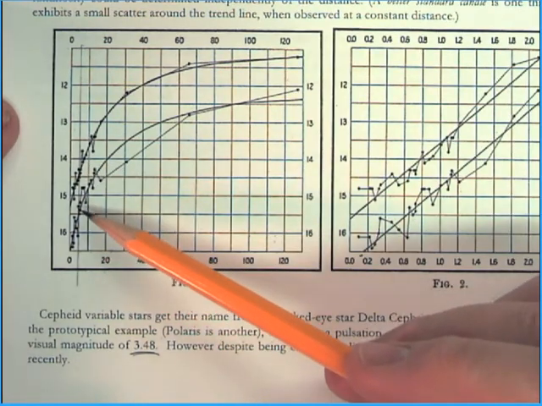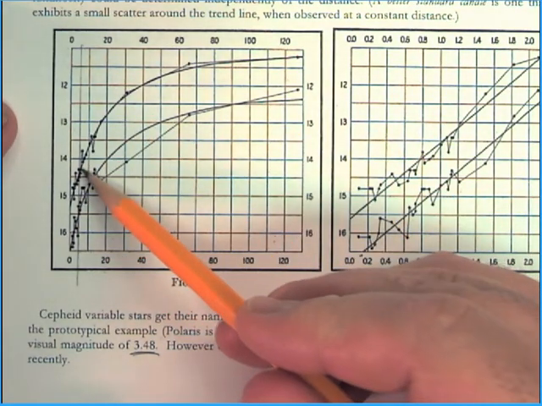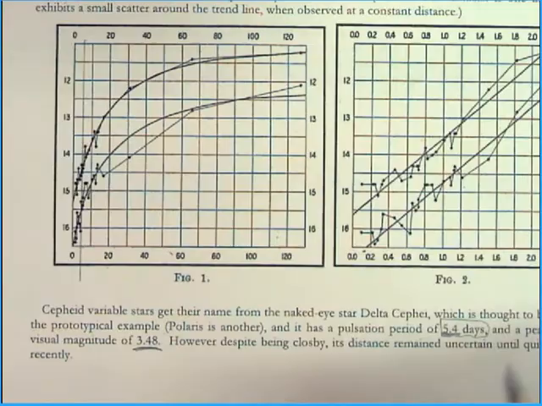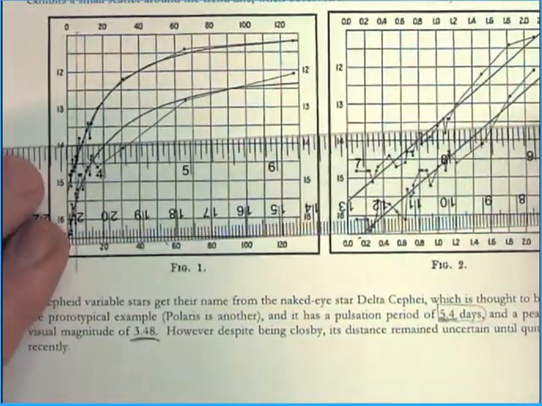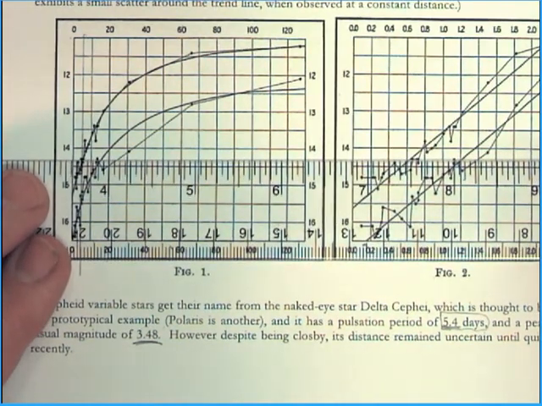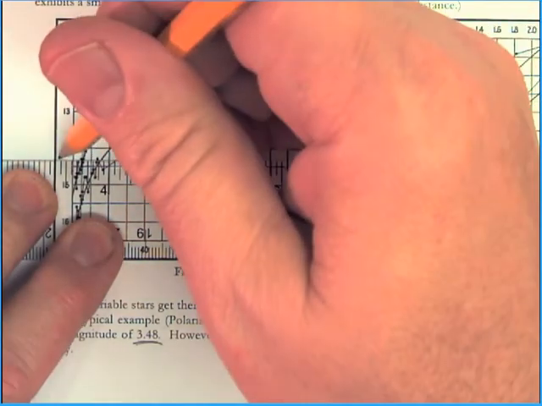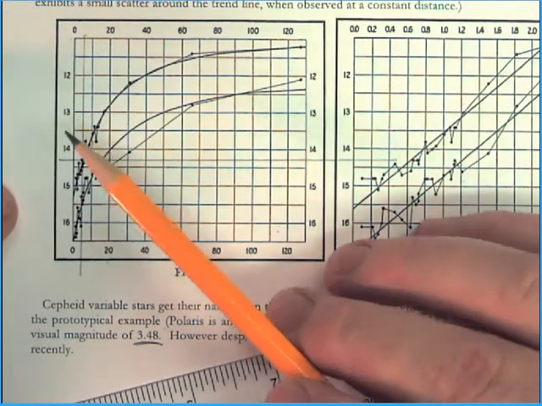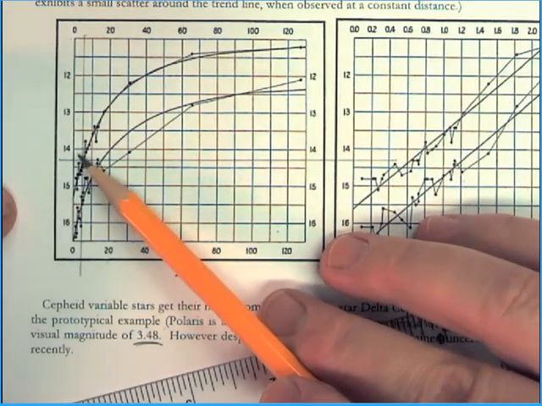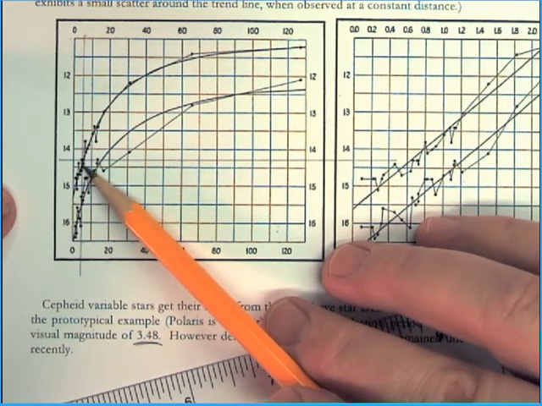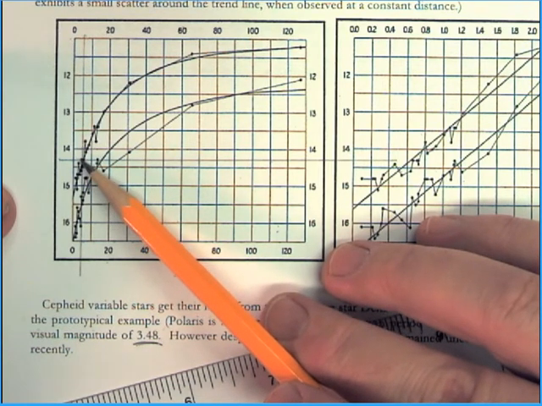I drew a straight line with my ruler, and it's crossing that curve right around here. That looks about right. So the magnitude would be somewhere between 14 and 15. This is 14, and that's 14 and a half, so it's probably about 14 and a quarter, maybe a little more, maybe 14.3.